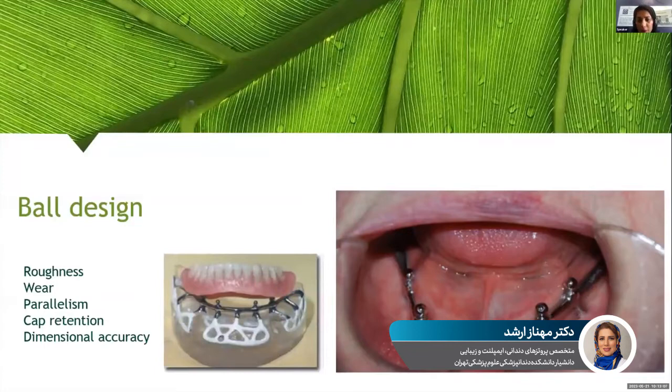And the wear of the balls after the patient uses it makes the retention decrease. And the parallelism of the ball is another thing that must be important, cap retention and dimensional accuracy, because when we print the ball, after the printing procedure they sandblast and polish it. So this procedure makes the ball smaller, and we don't have the exact size, so the retention is the problem.